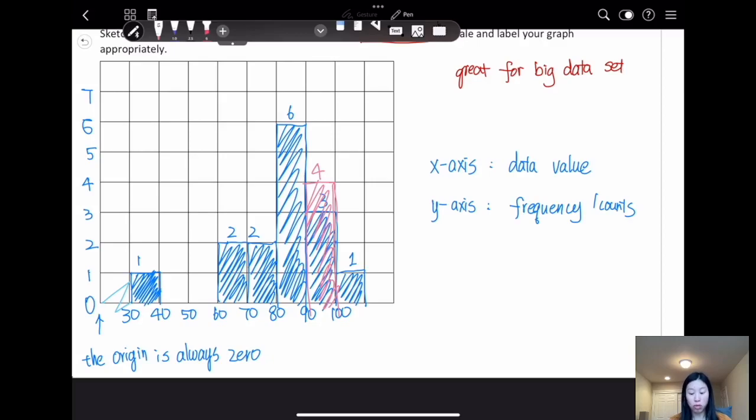Okay, so there's a rule called the right-hand rule, which means if the data is on the edge of the bin, the data is going to go to the right.